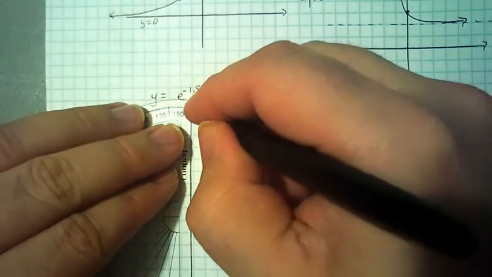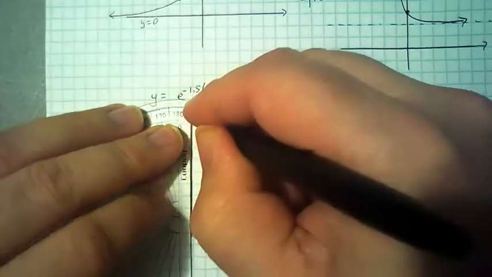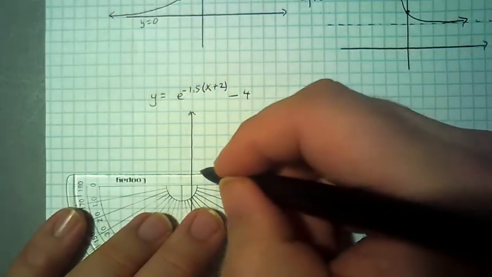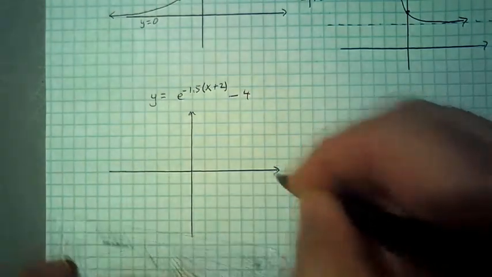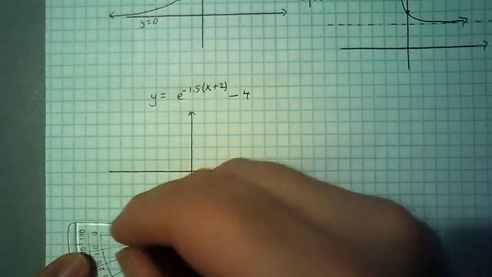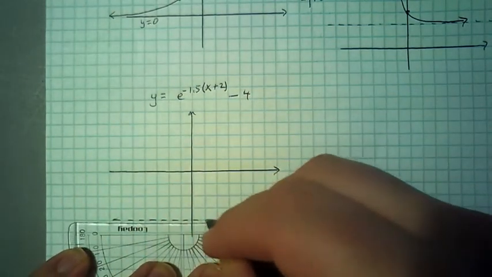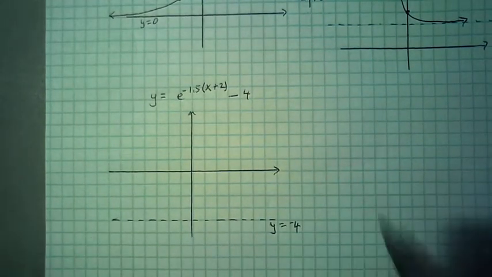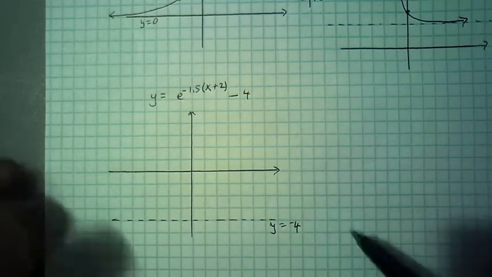So when I graph this one, the horizontal asymptote has been moved down 4 spaces. So it's going to be down here at y equals negative 4, because of this negative 4 out here.